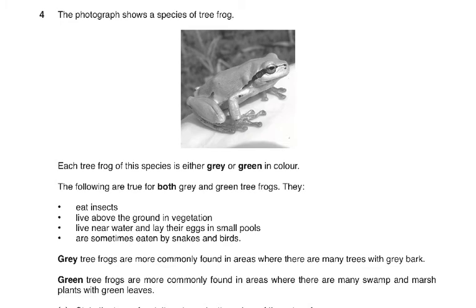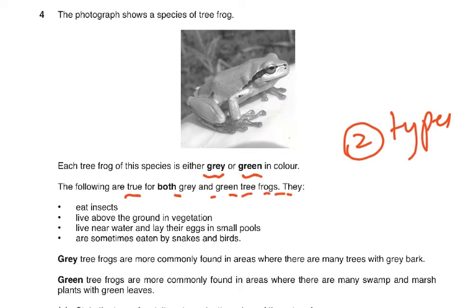The photograph shows a species of tree frog. Each tree frog of this species is either gray or green. Again, only two types, either gray or green. The following are true for both gray and green: they eat insects, live above the ground in vegetation, live near water and lay the eggs in small pools, and are sometimes eaten by snakes and birds.